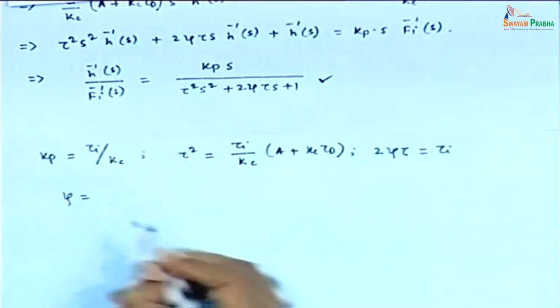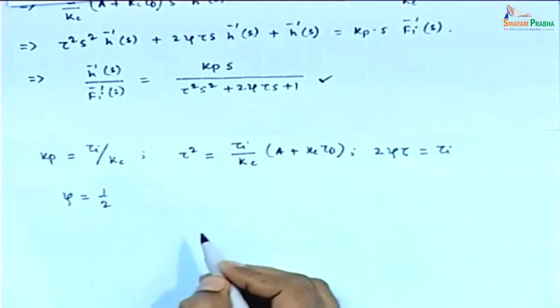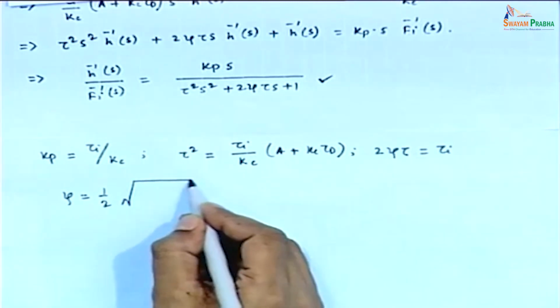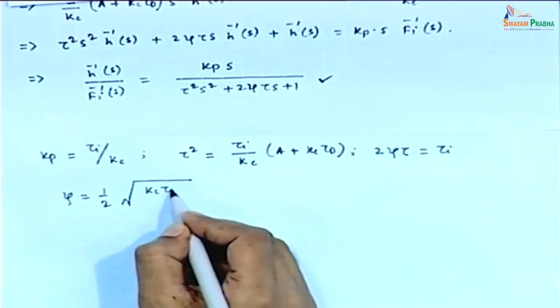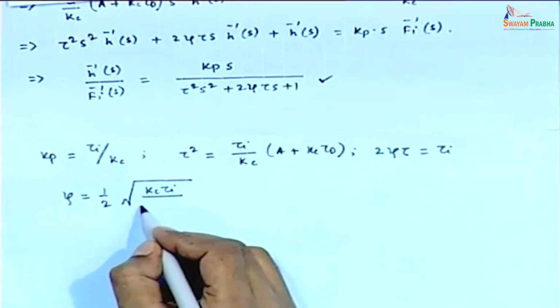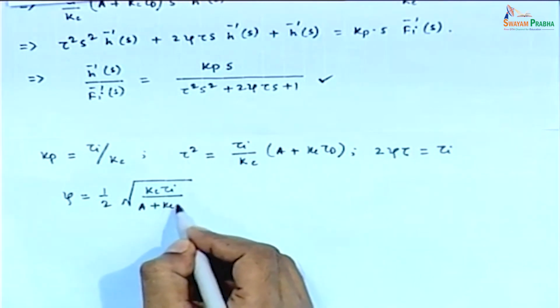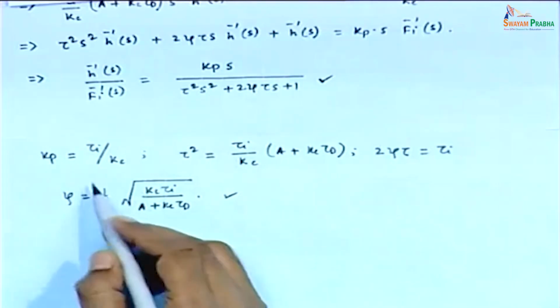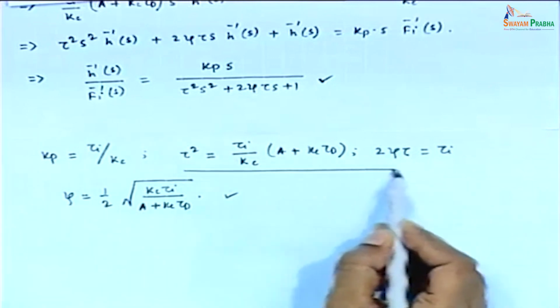So, from these equations we obtain zeta equals half root over of Kc tau I divided by A plus Kc tau d. This expression for zeta we obtain from these two forms.